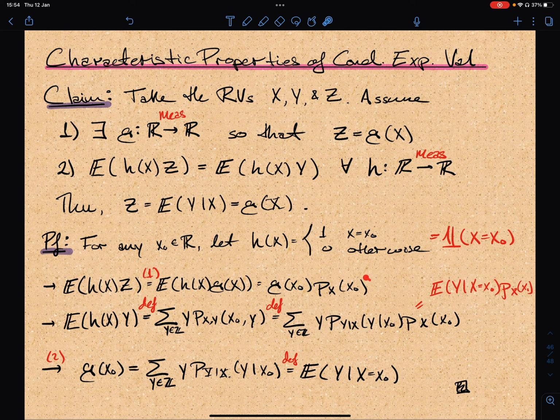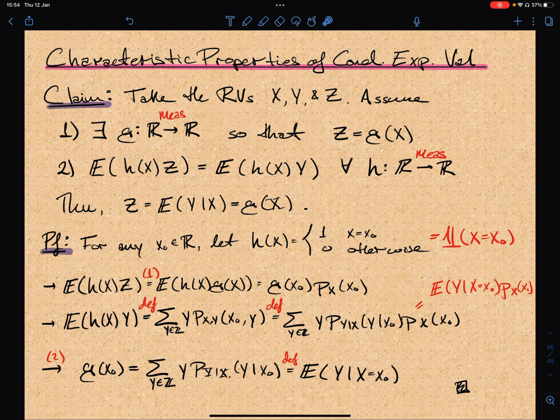So that means that this is equal to this, and on both sides we have a factor of p of x naught, so I can cancel it out, and I have that g of x naught is equal to this summation, and this summation is the definition of the conditional expected value. So using this clever choice of h, since this is true for any h, I can pin down the function g, and this is going to determine my conditional expected value.